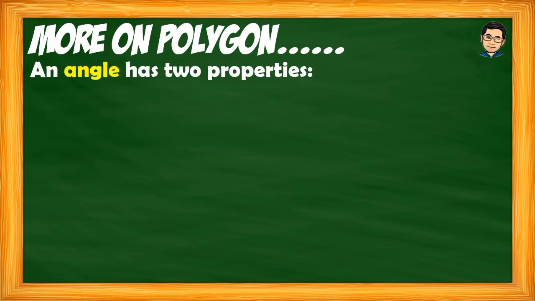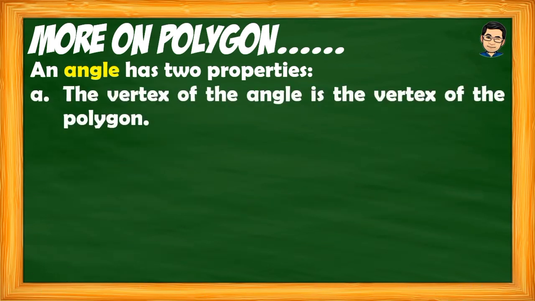So an angle has two properties. The first one is the vertex of the angle is the vertex of the polygon. Like for example, meron tayong figure dito, halimbawa, triangle. Yung vertex ng triangle na to, yun din po yung vertex ng polygon.